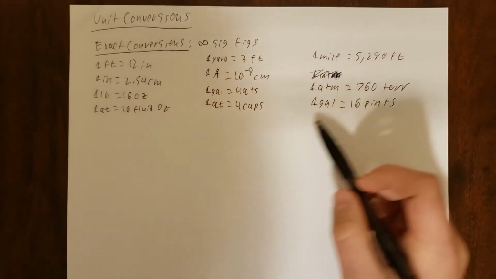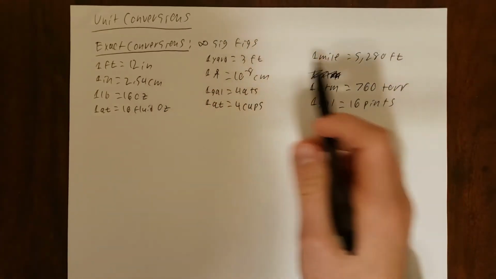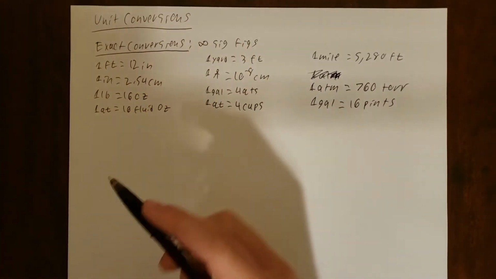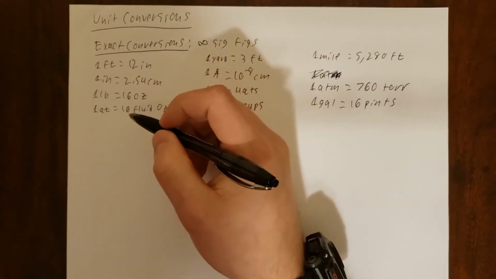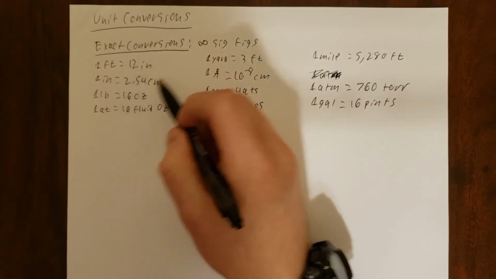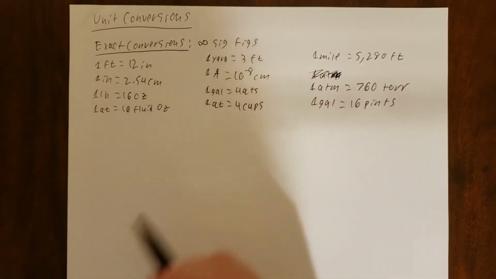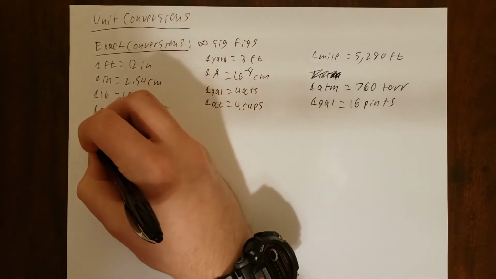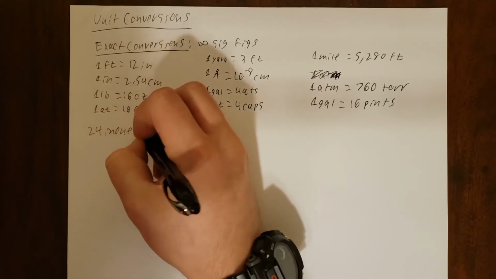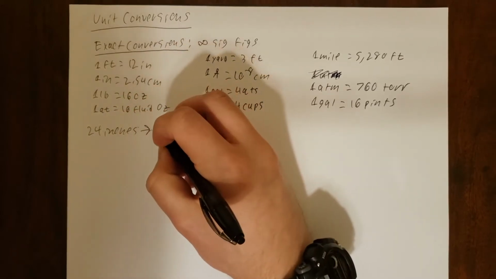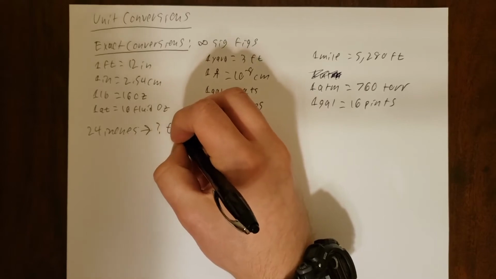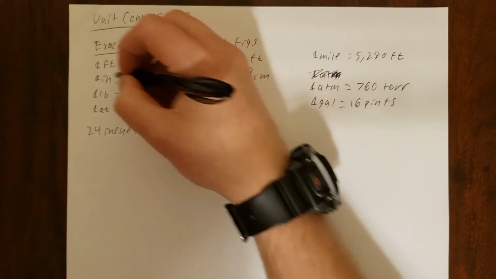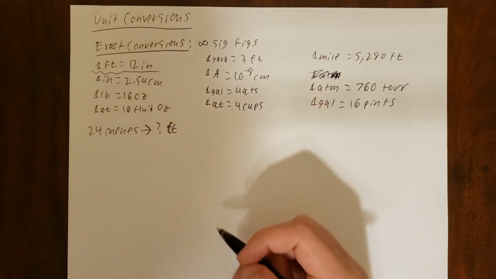So all of these are exact conversions, and the useful thing about any conversion is that you can divide one by the other in order to convert between units. So, for example, say we want to convert 24 inches into some amount of feet. We know that 1 foot is 12 inches.